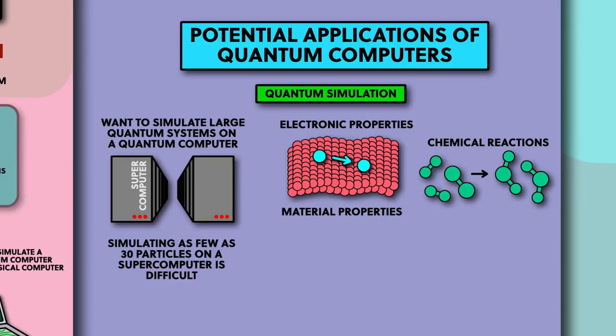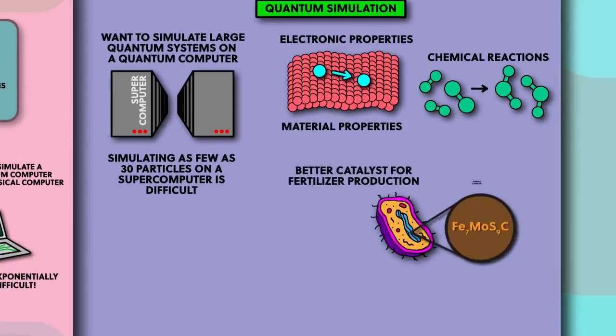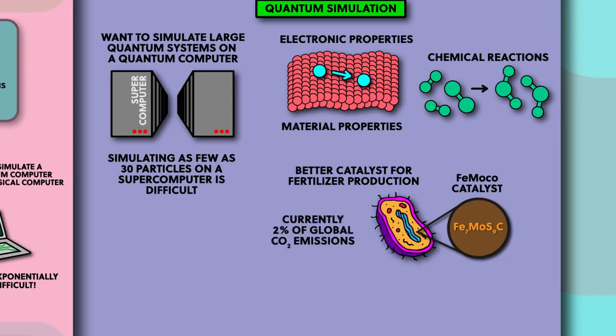These include areas like the behavior of exotic materials at low temperatures, like understanding what makes some materials superconduct, or studying important chemical reactions to improve their efficiency. One example aims to produce fertilizer in a way that emits way less carbon dioxide, as fertilizer production contributes to about 2% of global carbon emissions.